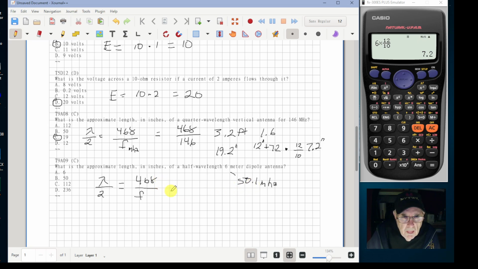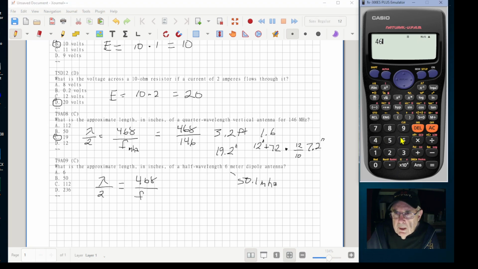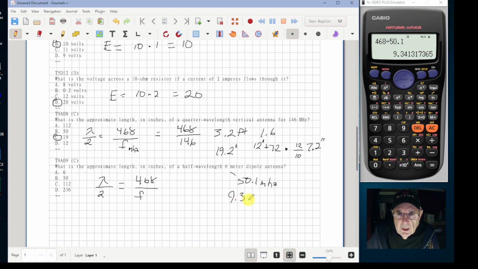All right. So let's do that calculation. We have 468 divided by 50.1. This tells us that it is 9.3. We'll just round it to 9.3 feet.